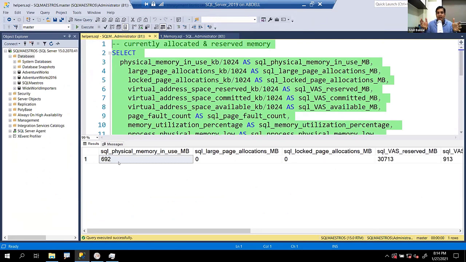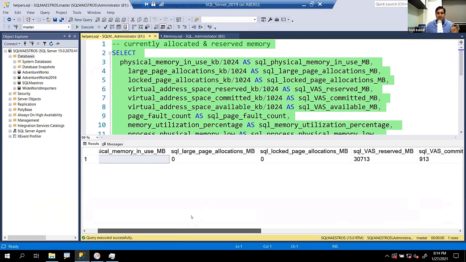The reason I have all 3 tools open, which are native mechanisms of extracting memory information, is that you are most welcome to use a lot of third-party tools, but I'd like to stick to these 3 for the time being. I want to show you that DMVs are the most authentic way of getting memory information or SQL Server internal information, and that will be evident in a while.